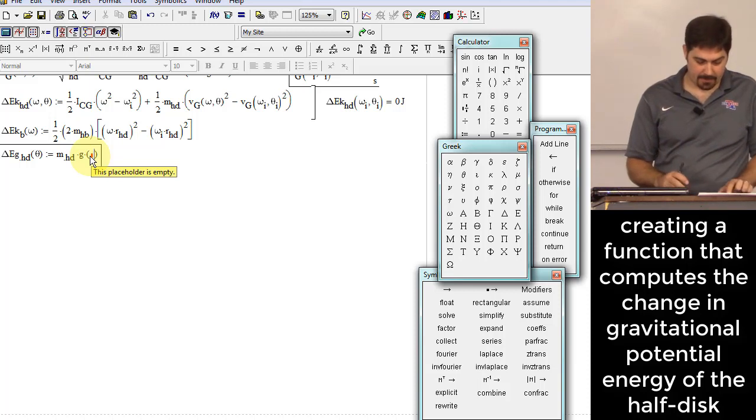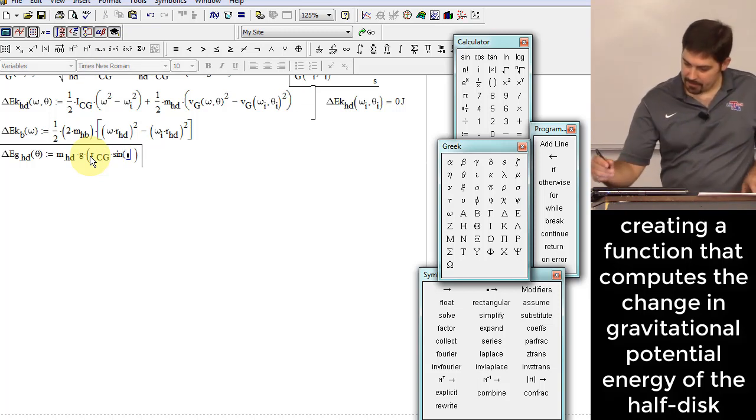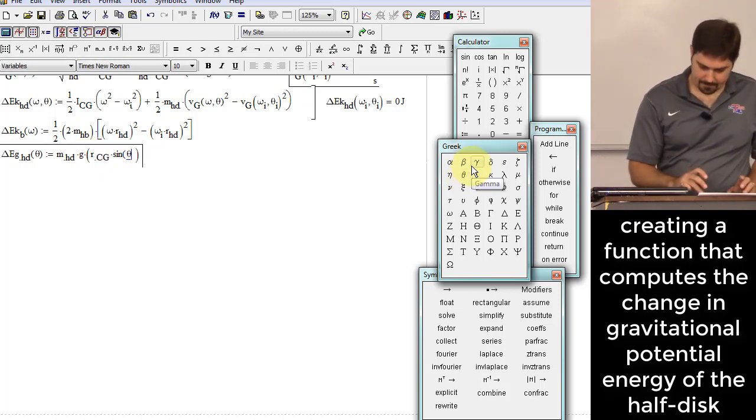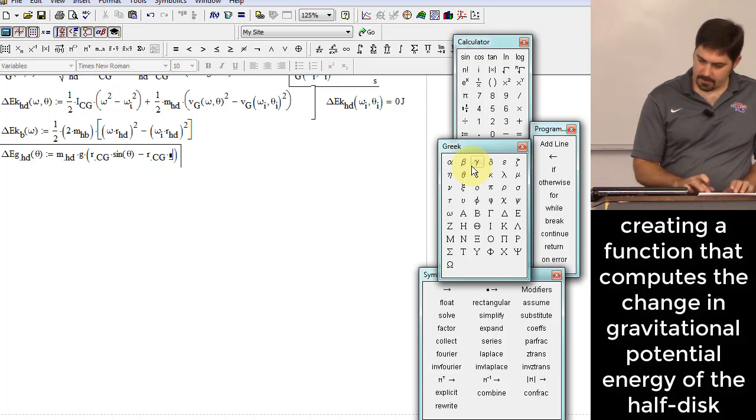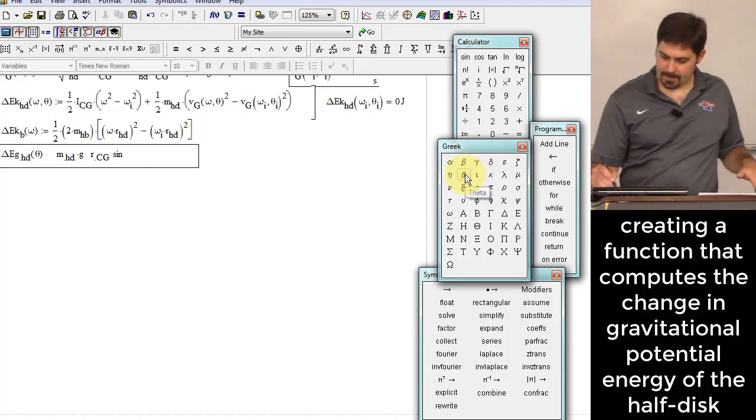So I have r sub cg times the sine of theta, okay, minus r sub cg times the sine of, what do you think? Theta I.